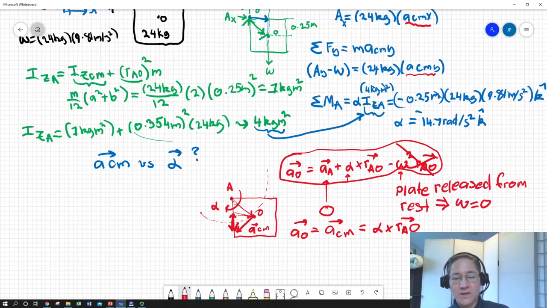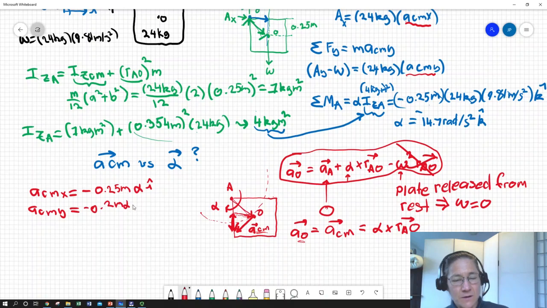So basically, once we go through the cross product and resolve that full ACM, which is AO, into its horizontal and vertical components for the x and y directions, we end up with just 0.25 meters alpha. ACM x is going to equal, in this case, negative 0.25 meters alpha i hat, since they're both in the negative direction, and ACM y equals negative 0.25 meters alpha j hat.